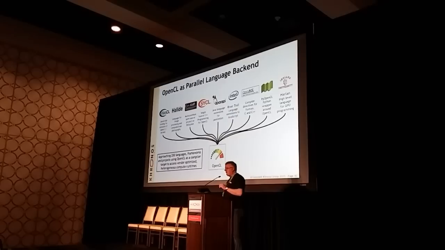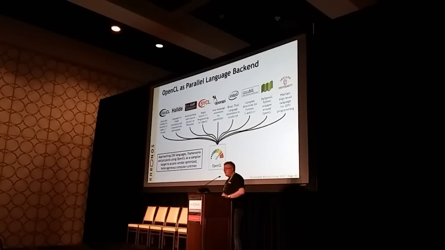The other big trend is that many people are using OpenCL directly, but even more people are using OpenCL indirectly with higher level languages and frameworks that use OpenCL and OpenCL C as a back end, for example, a compiler target backend.